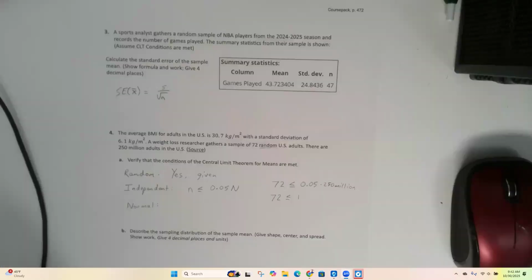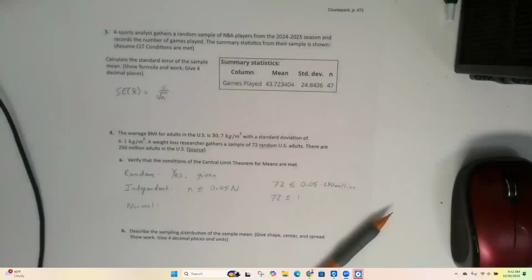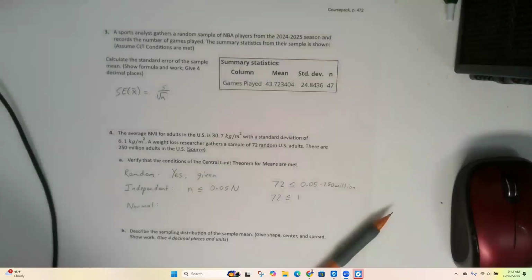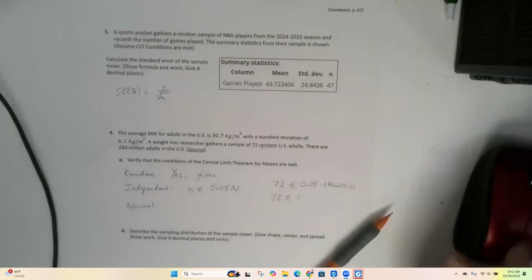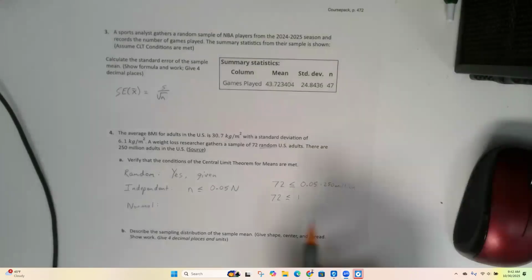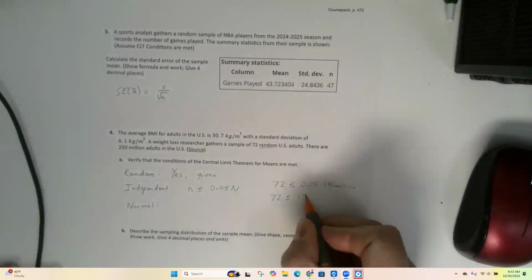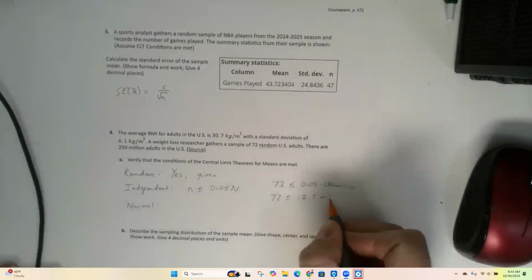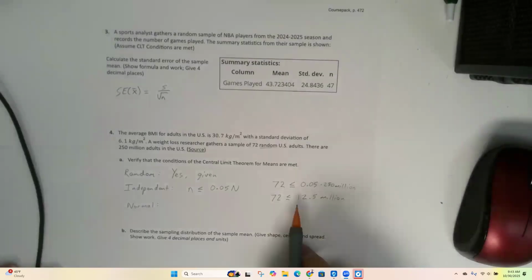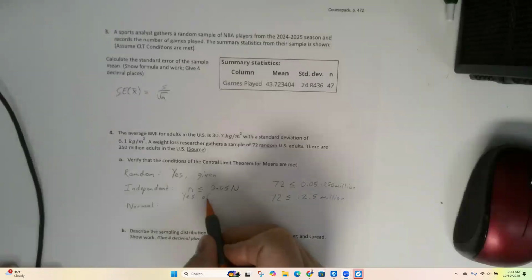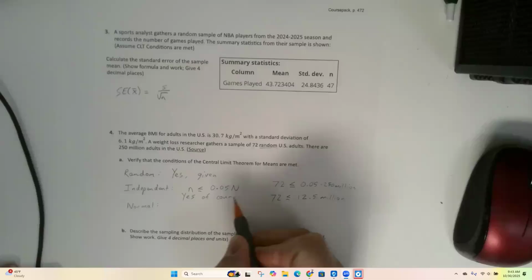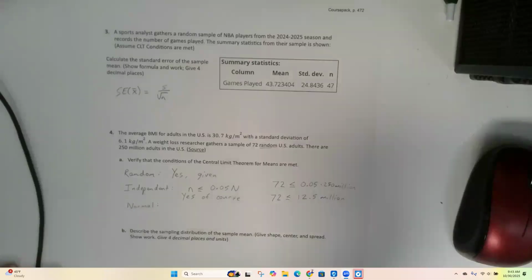In your calculator, 0.05 times 250. Yep, it is 12.5 million, or 12,500,000. Is 72 less than that? Oh, yes, absolutely. 72 is much less than that. So usually the independent part is the easiest part in practice.